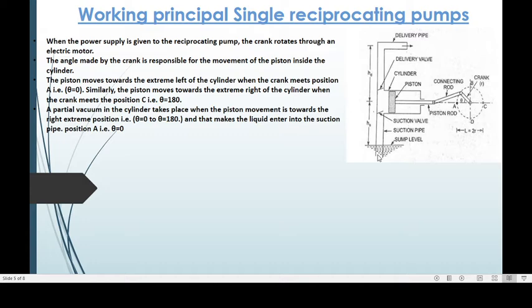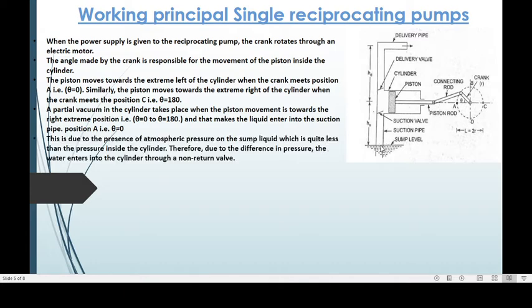As the piston is moving from this position to this position, a partial vacuum is created here when the piston moves towards the extreme right, and this makes the liquid enter the suction pipe.